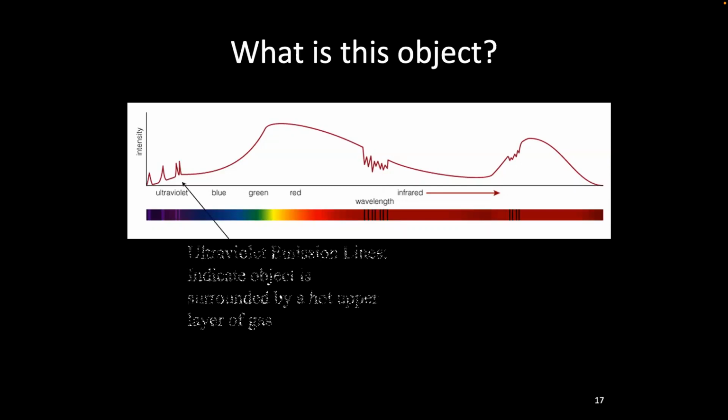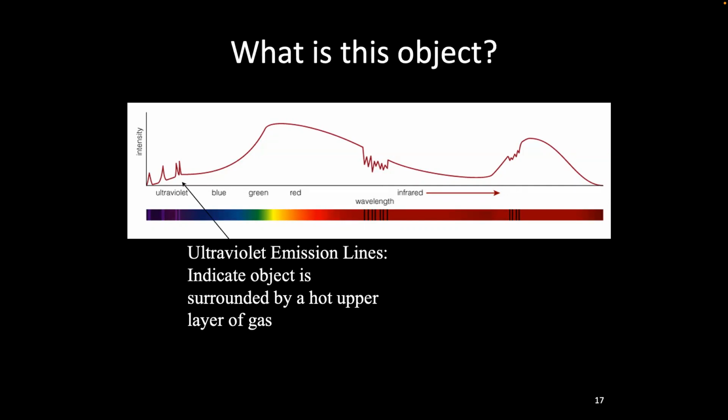And finally, ultraviolet emission lines. So it has a hot upper layer of gas? Nope. It's not that hot. Remember that this is reflecting sunlight. So it has a hard surface and it reflects sunlight, but it reflects less of one color than other colors. Solar flare? That's not reflecting sunlight.